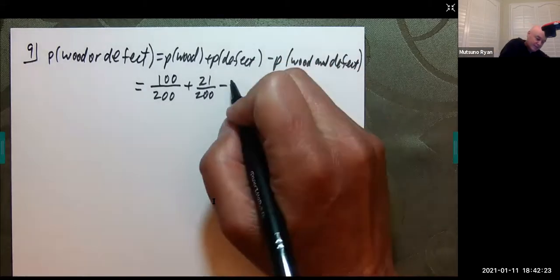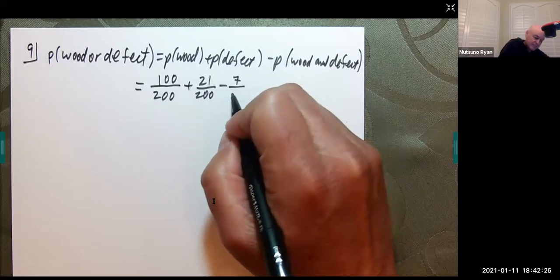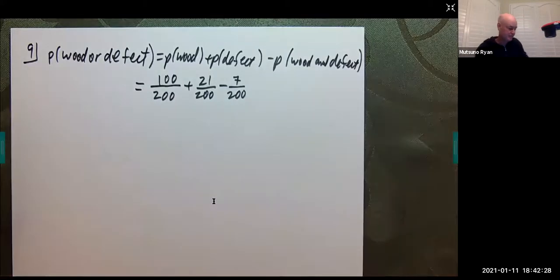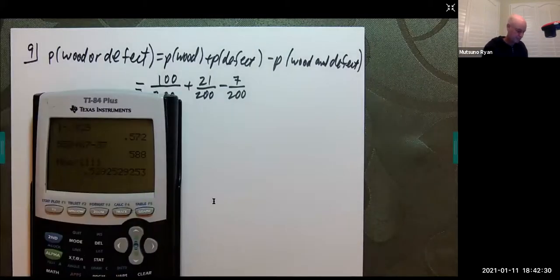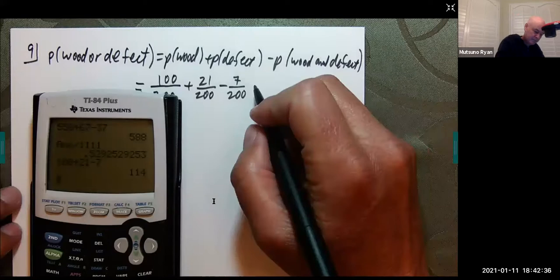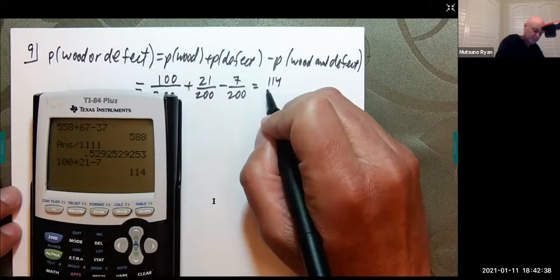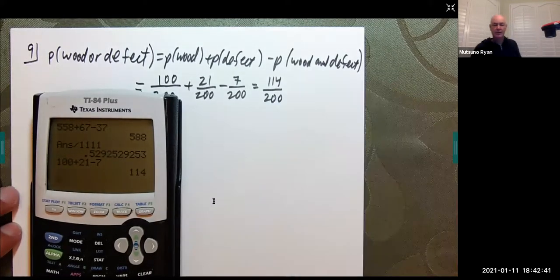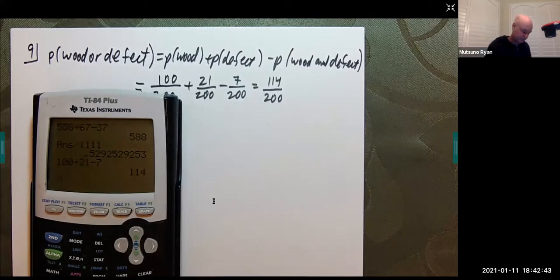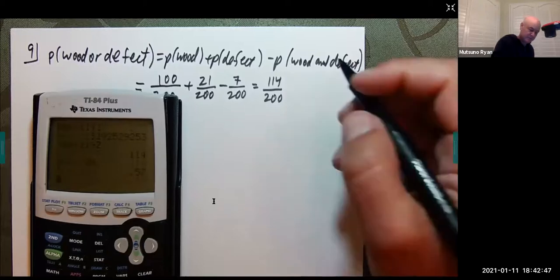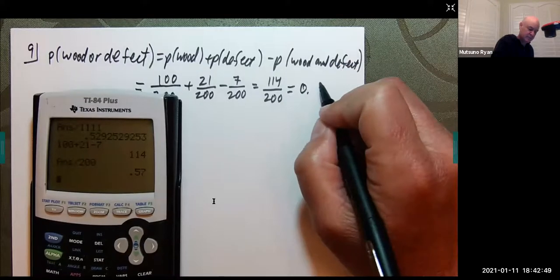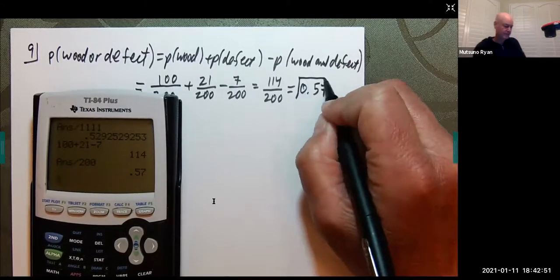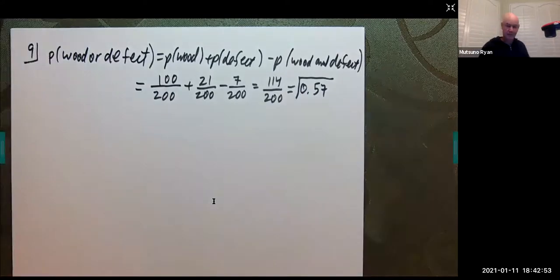That's 7. And again, I don't know if they want us to actually get a decimal approximation. So there's our probability there.